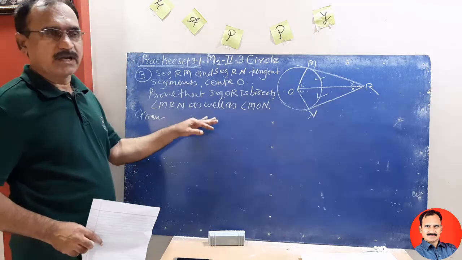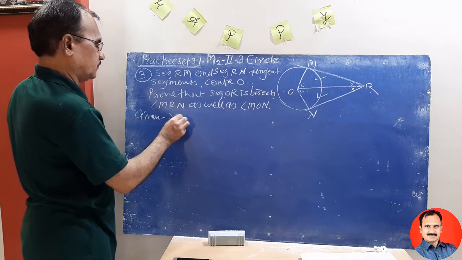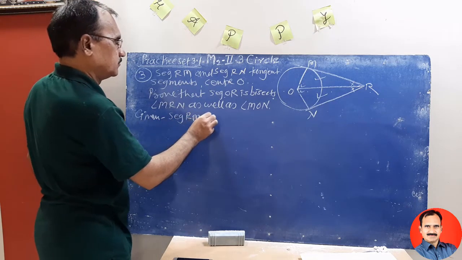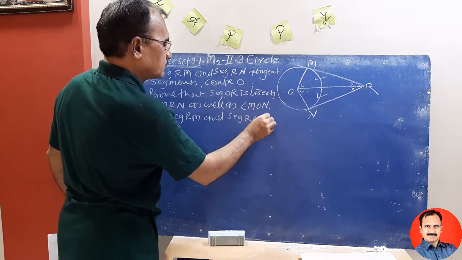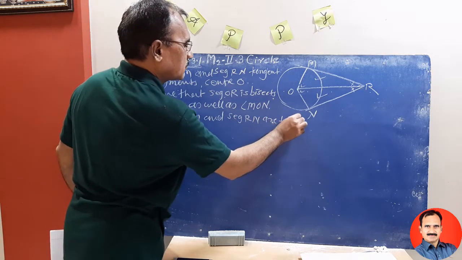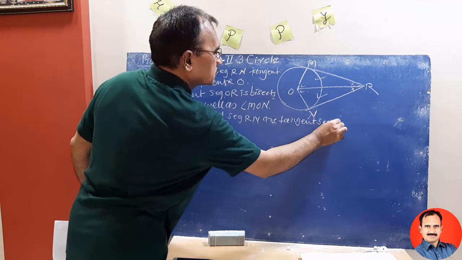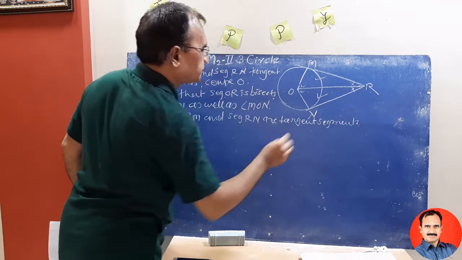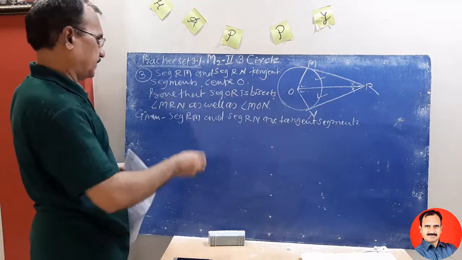Before that, we have to write what is given. Given: segment RM and segment RN are tangent segments. Then O is the center.